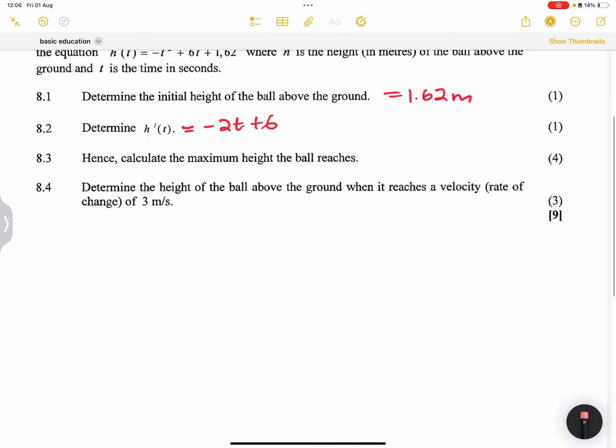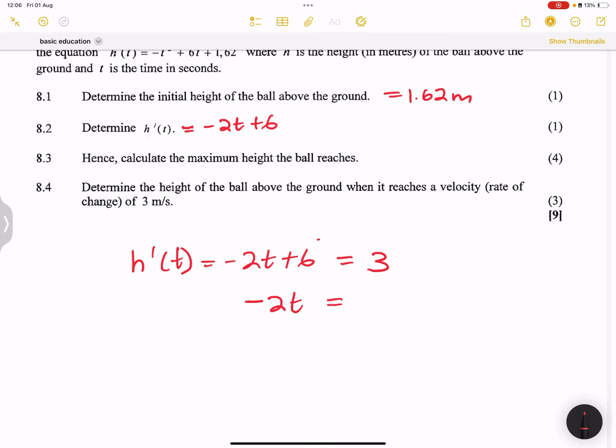So we want to find out h prime of t, we said that's minus 2t plus 6, okay, and when is that equal to 3? So I'm going to say that's minus 2t is equal to, when I take this to the other side, that gives me 3 minus 6, that gives me minus 3.